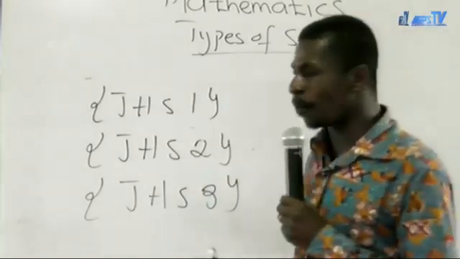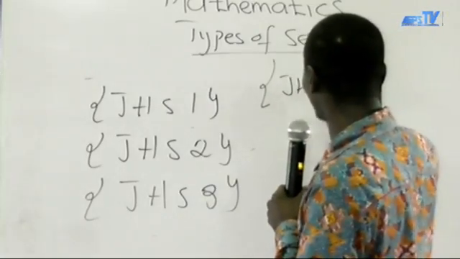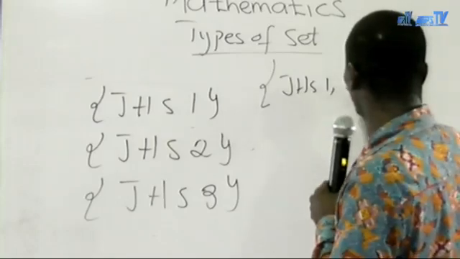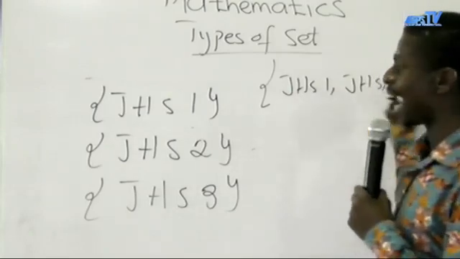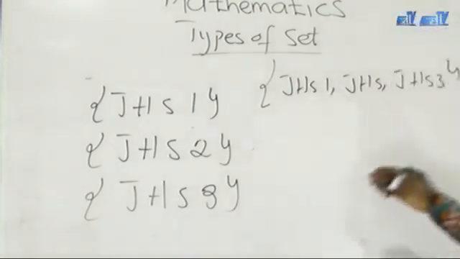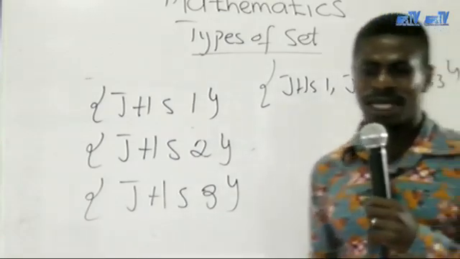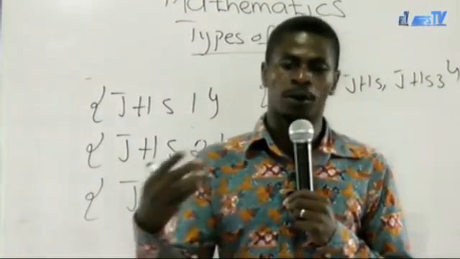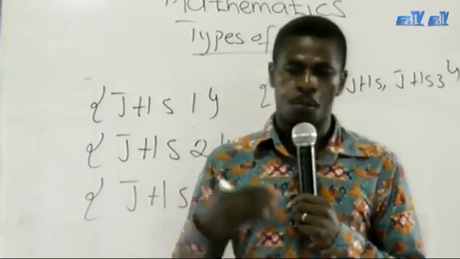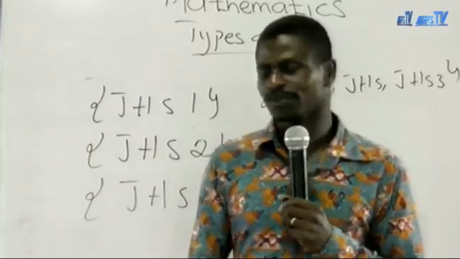And so when you combine them, then the assembly will become a set of JHS 1, a set of JHS 2, and a set of JHS 3, all being put under one assembly. And so when we have such a set, then we are saying that this is a union set. So by definition, a union set is the addition of 2 or more sets put together, or putting 2 or more sets together forms a union set.